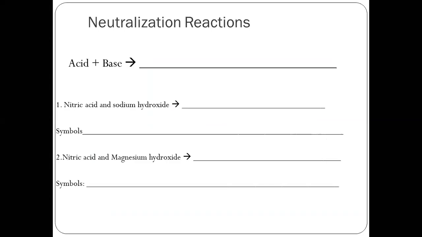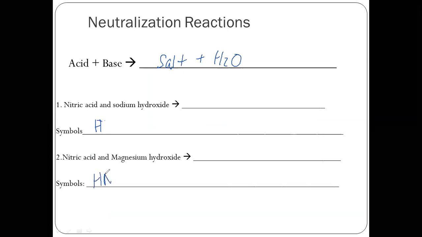Okay, so we have salt plus water. I'm going to do the symbols first. So nitric acid, I'm doing number 2, HNO3. Well, I can do that for the first one because it's the same. Plus magnesium hydroxide.